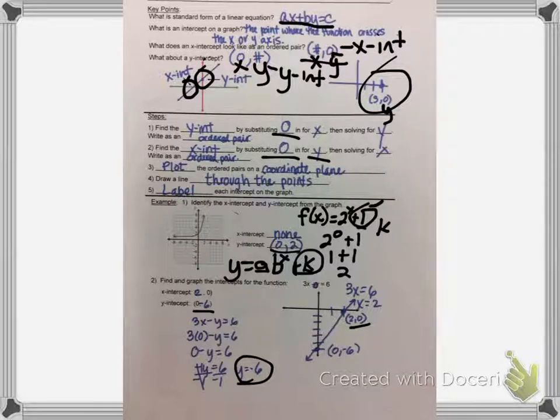Alright, right here on this one, identify the x and y intercept. Notice it crosses at 0, 2, which is my y-intercept, but it doesn't cross the x-axis.